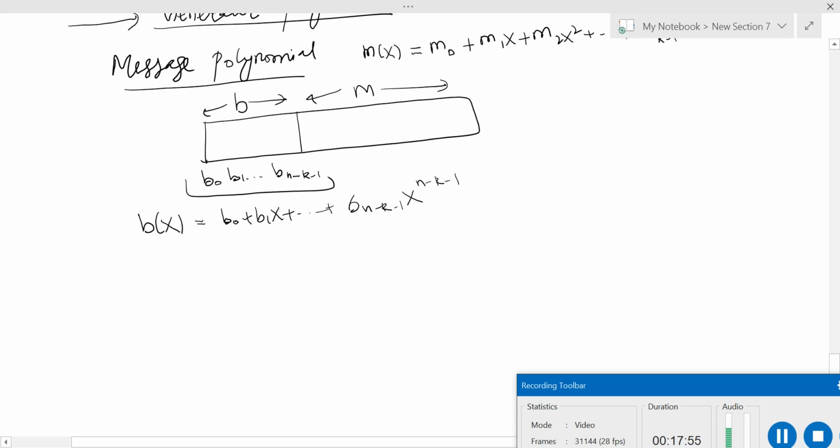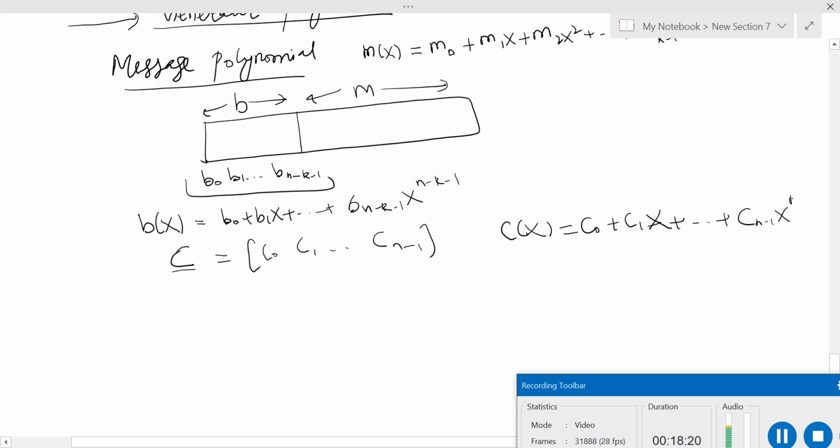Now how to represent a code word? That is very important. You have a code C with a code polynomial of degree n minus 1, so c0 plus c1x plus up to cn minus 1 x to the power n minus 1.